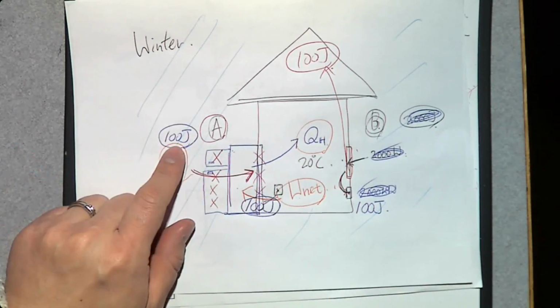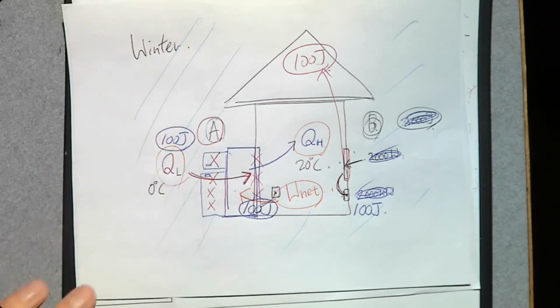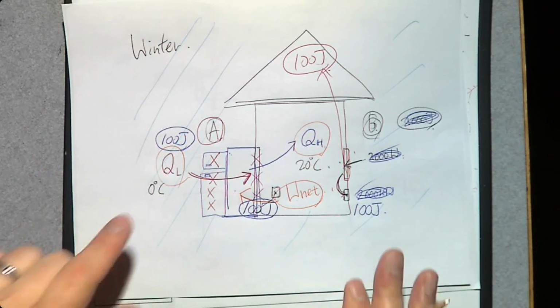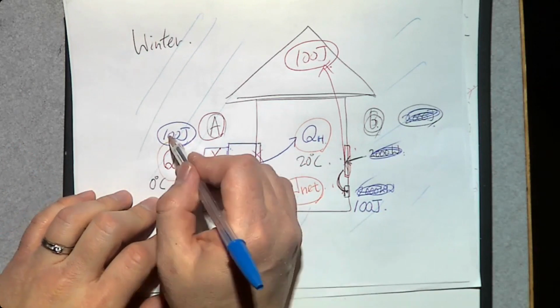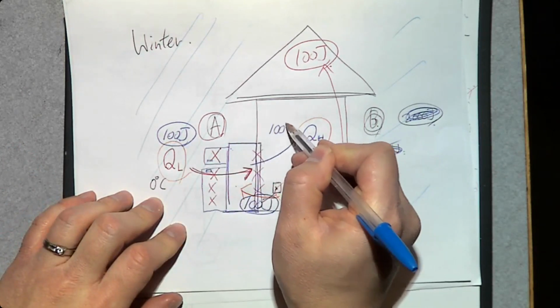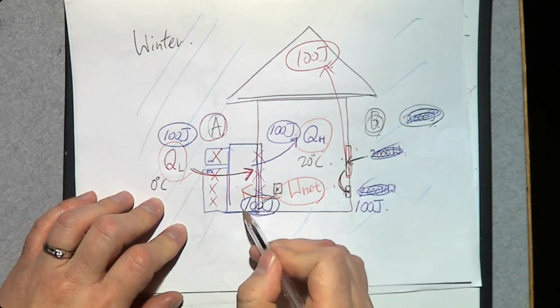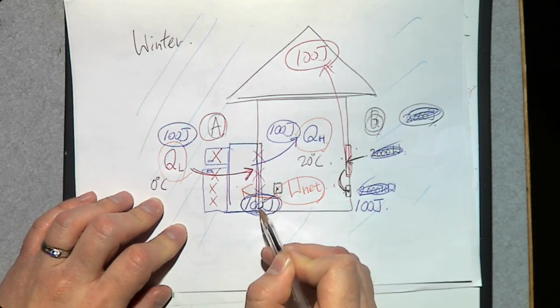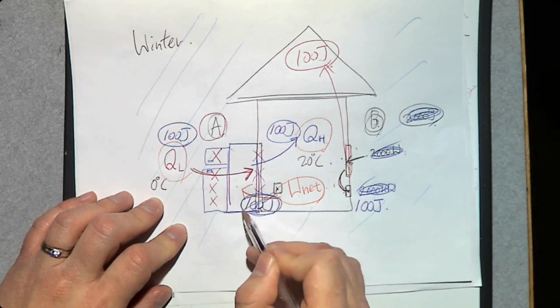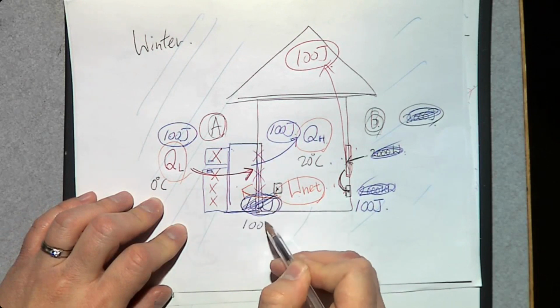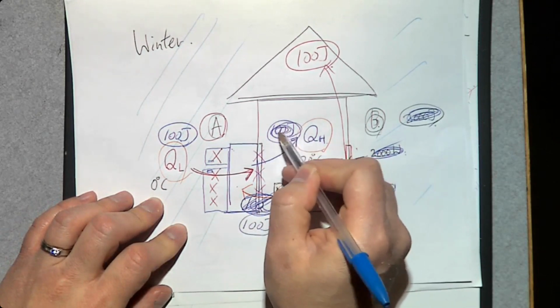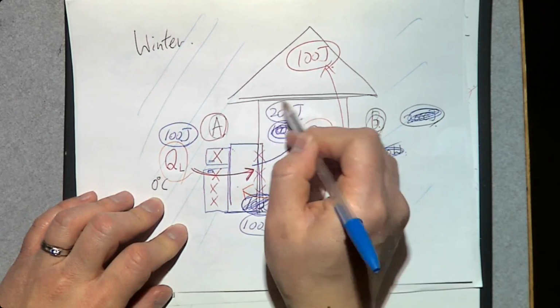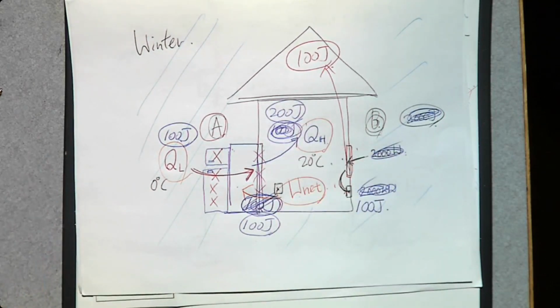What happened to this 100 joules? Does it disappear? No, it heats up the house, right? So 100 joules goes into the house. Oh, wait, we consumed 100 joules of electricity. What happened to this one? Right. So you consume 100 joules, and what is the heat you deliver to the house? 200 joules. Make sense?